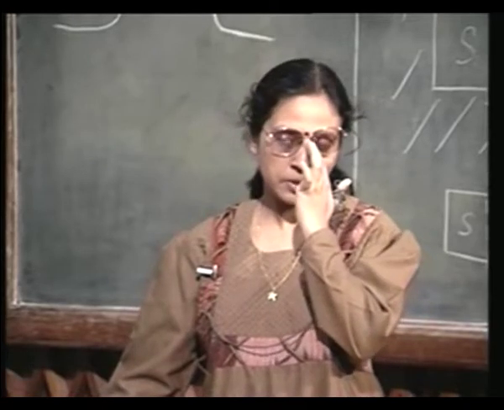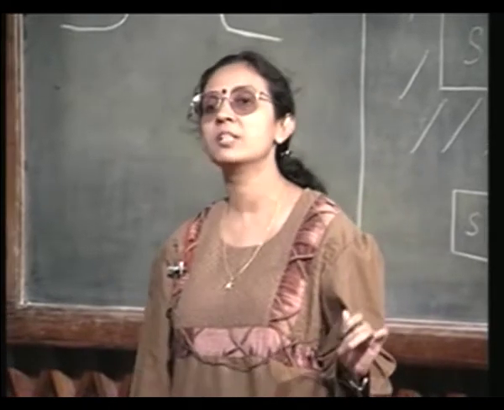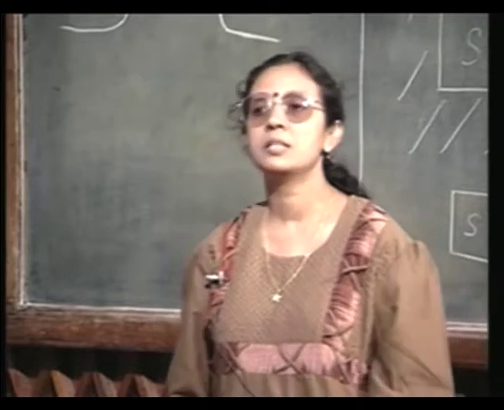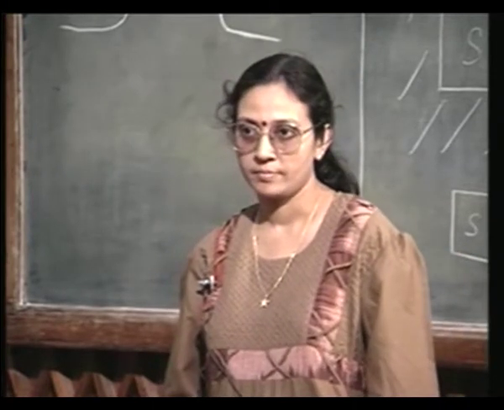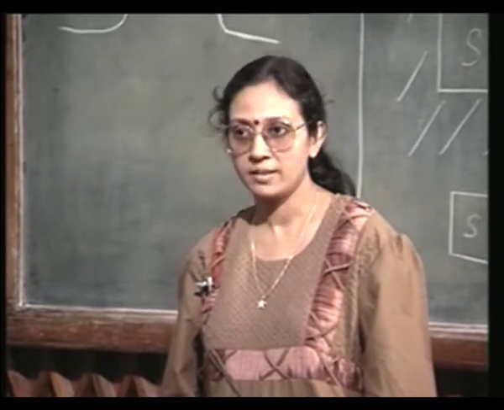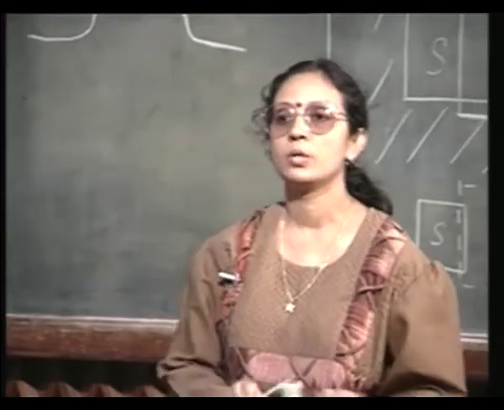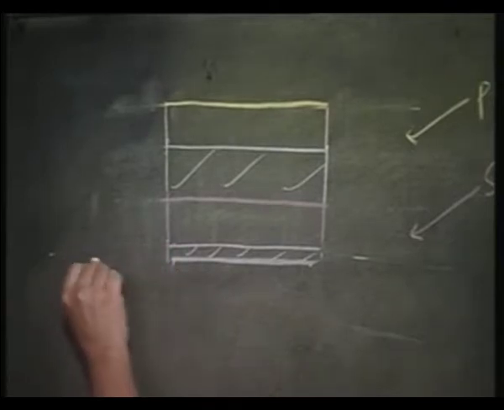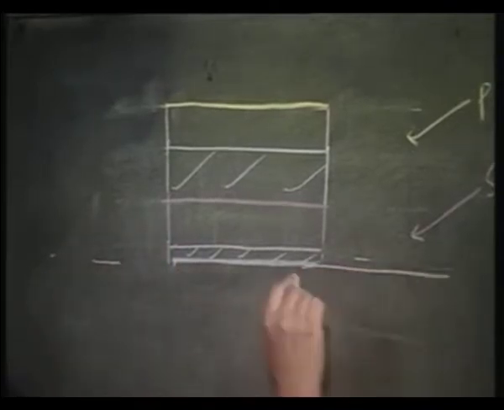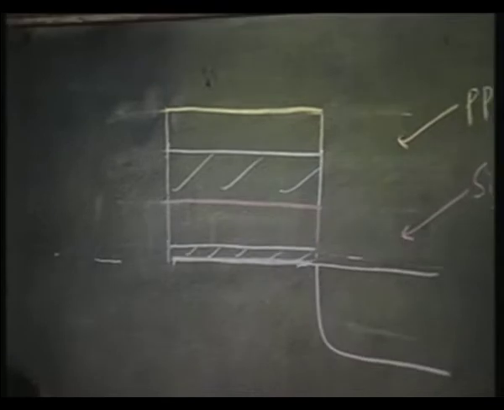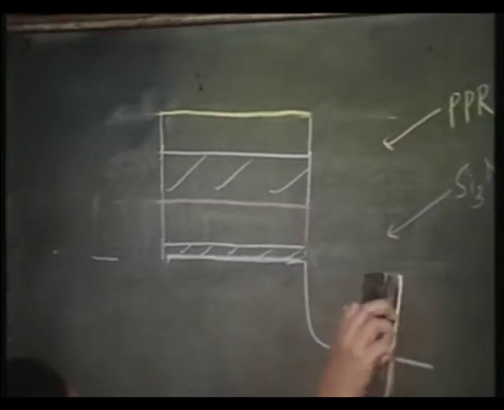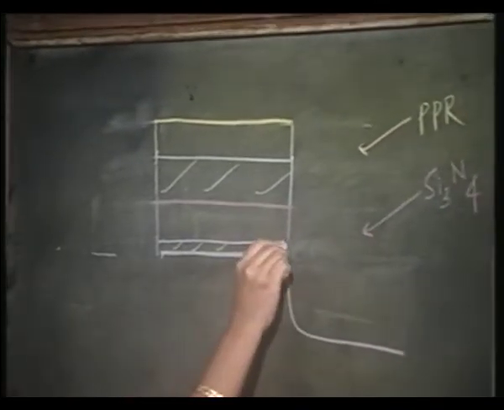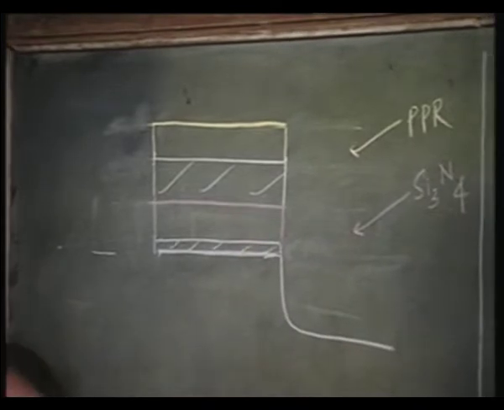and the problem is going to be much more severe when you have a recessed oxide. That is, when you first etch the silicon and then you want to have the oxide. That is because at this point you have done the etching. Let us look here. You have done etching.